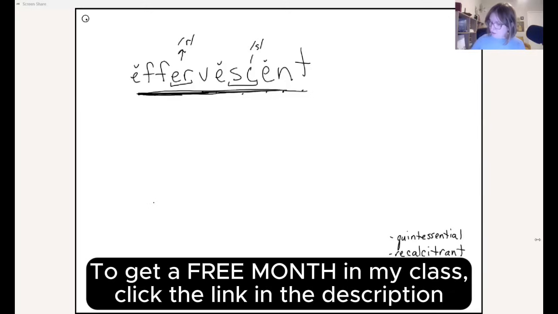Okay, now read that first word here in the bottom corner. We have quintessential. Quintessential. Next word. Remember this A sounds like an uh.